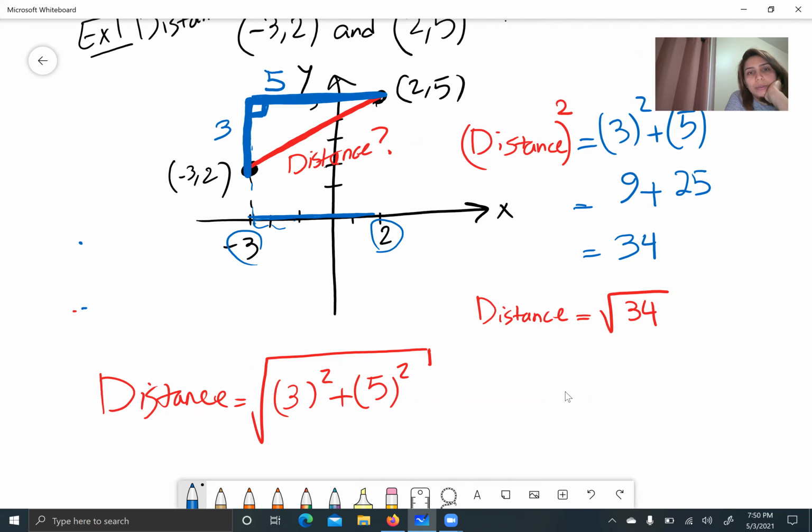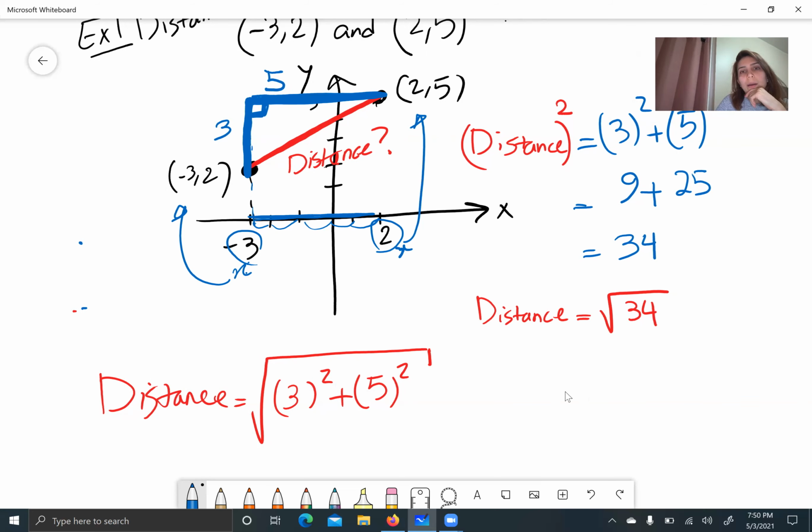Look, 1, 2, 3, 4, 5. So 5 actually shows the number of units between these two x values, right? So this is the x value for this point, and this is the x value for this point.